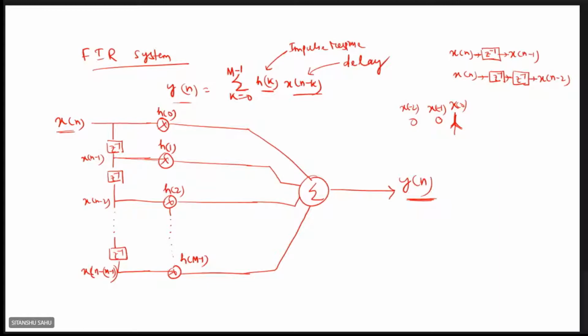Okay. So now, for this x of n, here you have to put a register. Here you have to put a register. Here you have to put a register. So these values only need to be tapped. So this is x of n minus 1, x of n minus 2. So this is another register value. You define a register over here.